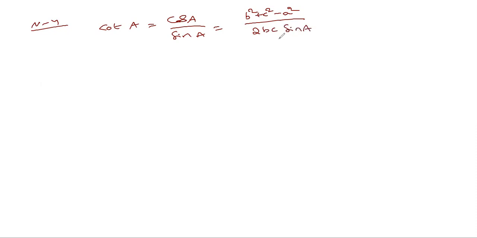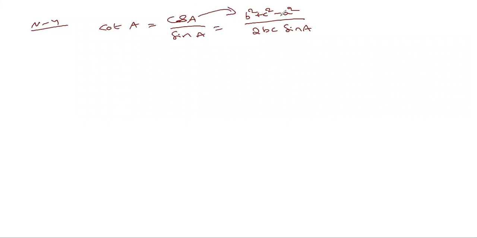Next note point, cot A can be written as cos A divided by sin A, we know that. So cos A formula is b square plus c square minus a square divided by 2bc sin A. So I have applied cos A using cos A rule.